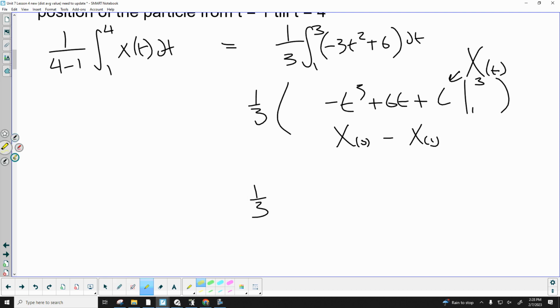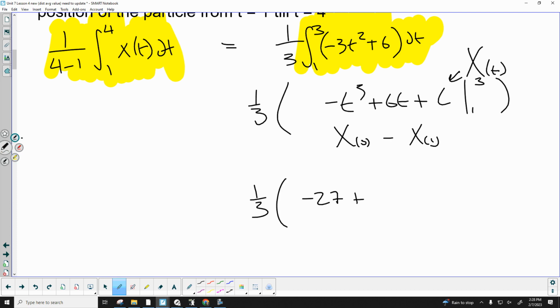The average X, 1 over b minus a, integral from a to b of X. How do you find the integral? You have to take an antiderivative. All right, so I get -27 plus 18 plus c, but it's going to go away, so we kind of cancel it out. And then I got -1 plus 6.